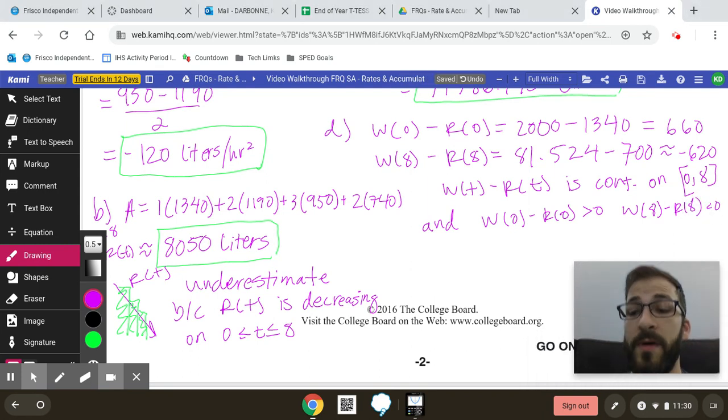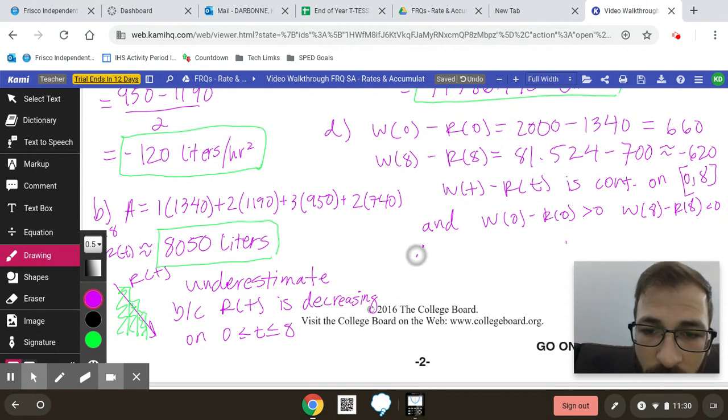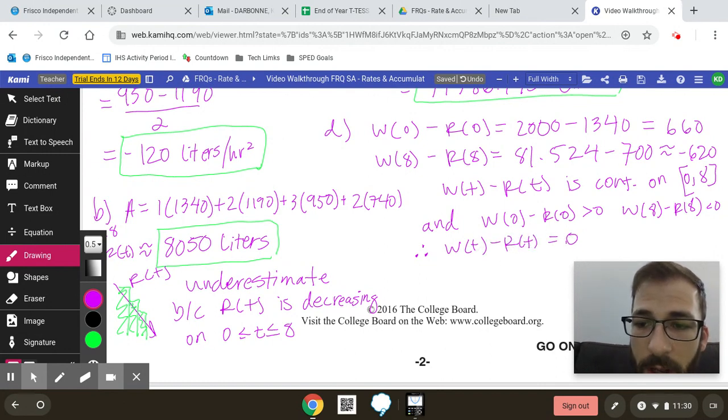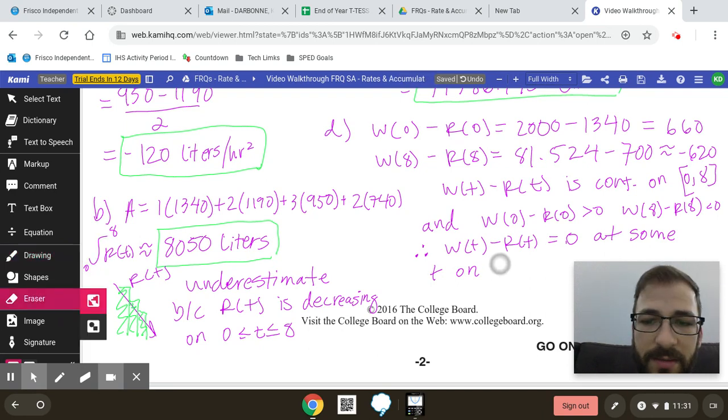So we have the function is continuous. At 0, we're positive. At 8, we're negative. Therefore, W of t minus R of t equals 0 at some t on 0 to 8, open interval.